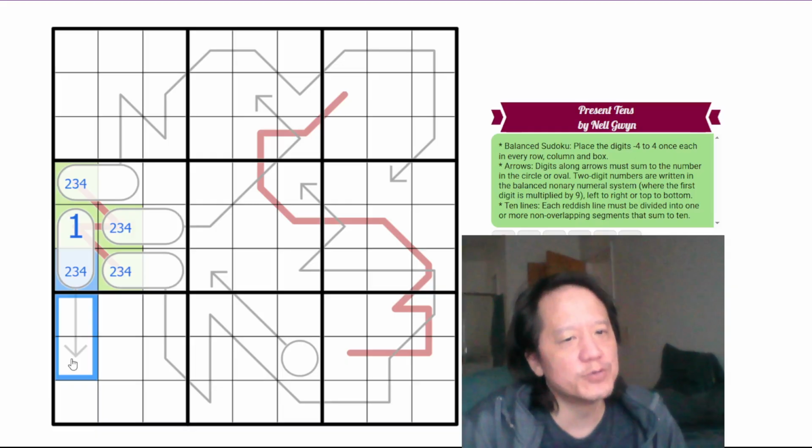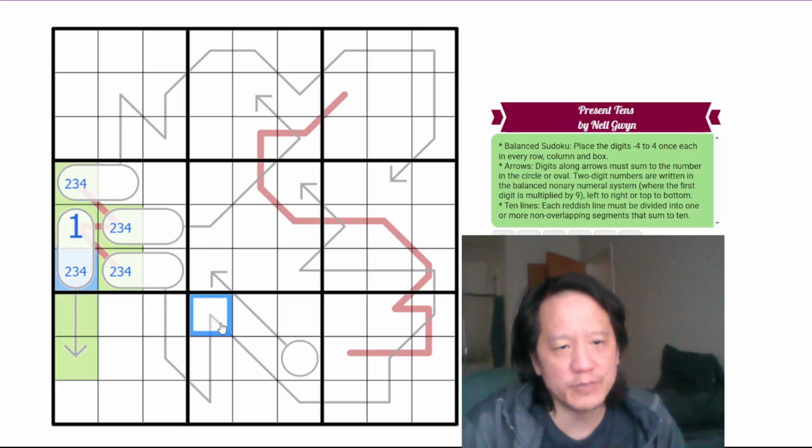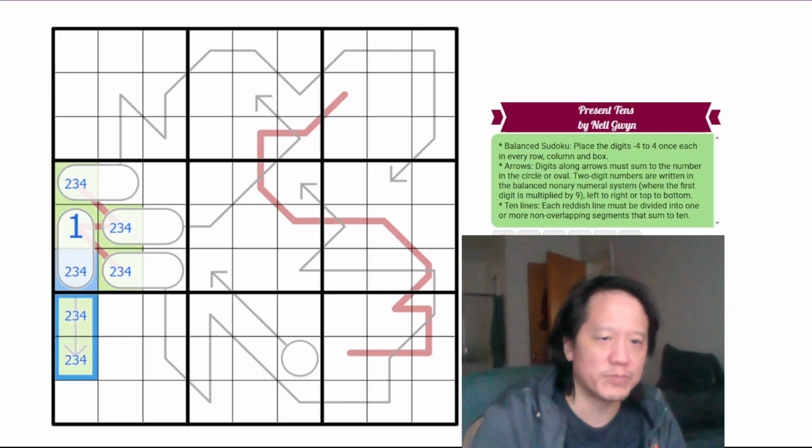So these both must be positive, because the most for a single digit is 4. If this is going to be at least 1 times 9, which is 9, minus 4, which is 5 at least. So these are both positive, which eliminates positive in the rest of the box. So this has to be 2, 3, or 4 here positive.